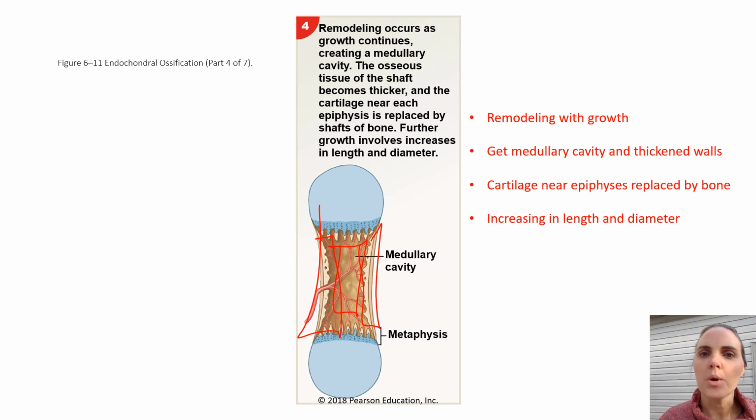Remember, we're working toward making it into compact bone. The cartilage near the epiphysis is being replaced by bone as well. So with this step, we're getting an increase in length as well as diameter of the bone.